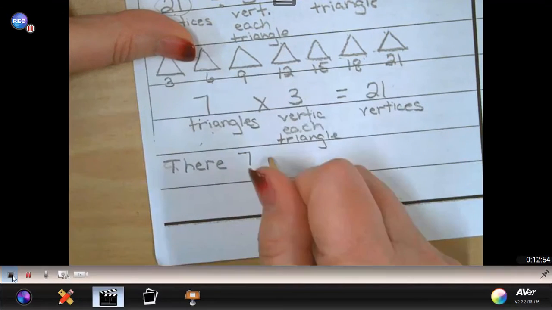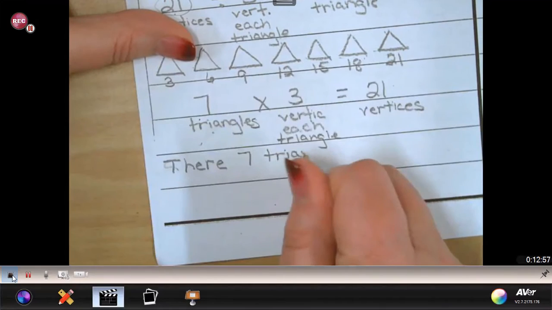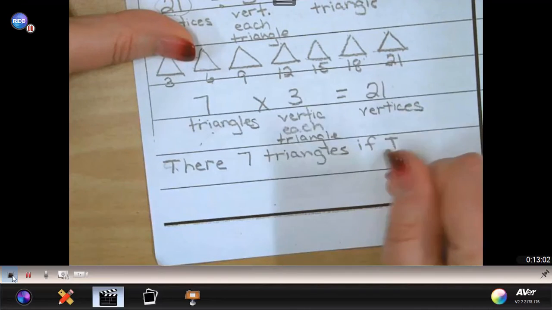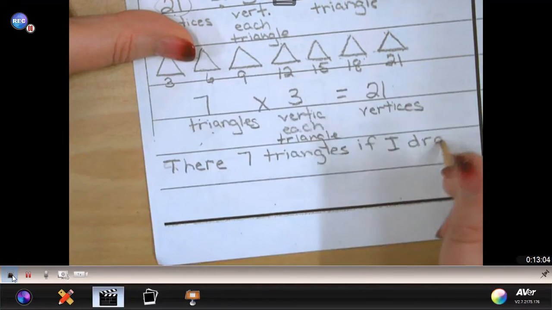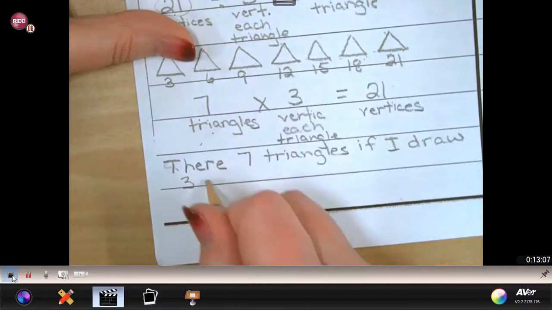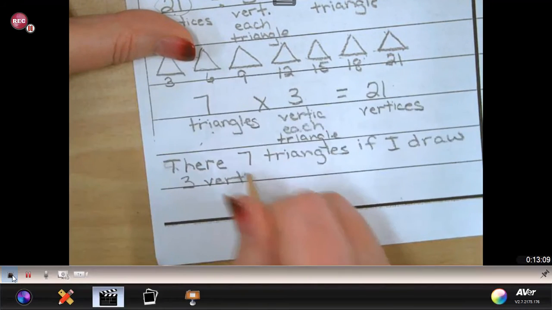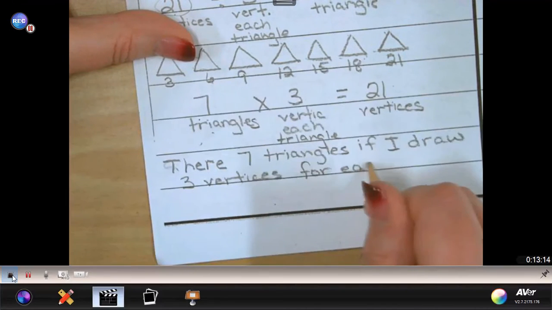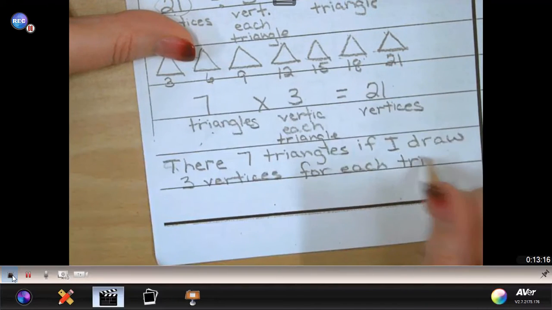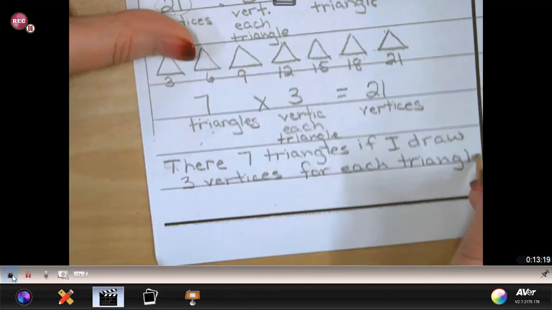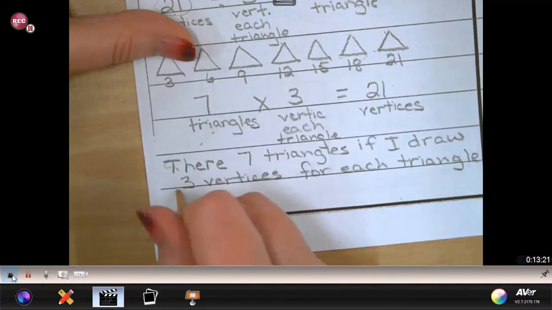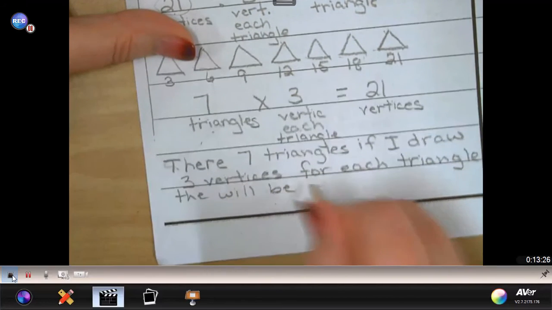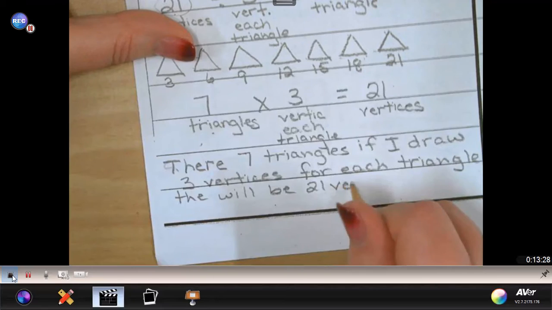There are 7 triangles, if I draw 3 vertices for each triangle, there will be 21 vertices.